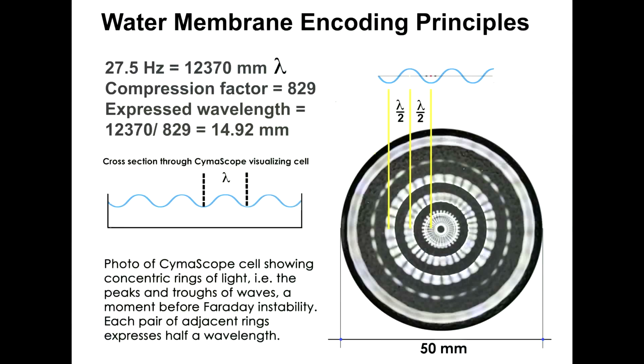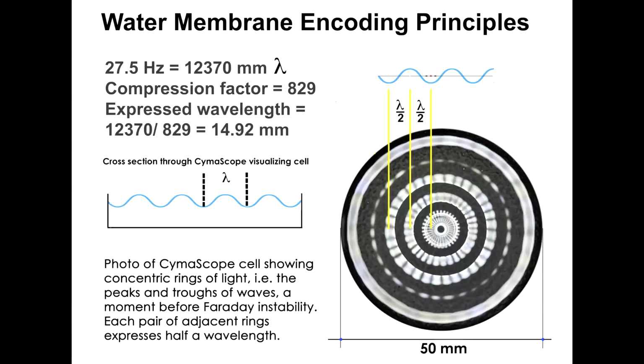Moving on from there, here on the right-hand side of the screen, you can see the actual photograph of what you've just seen happening with your own eyes. And you can see that what's happened, in effect, is that those long wavelengths that we've been talking about have been compressed down, and you can literally do the calculation using that 829 to 1 figure, and it actually works.